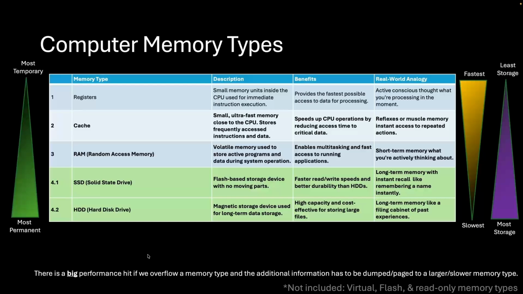What I want to have in your mind for a second is that when something near the top of this list gets filled and needs more space, it has to push things to the next level of memory. So if cache gets full, it has to push the overflow into RAM.